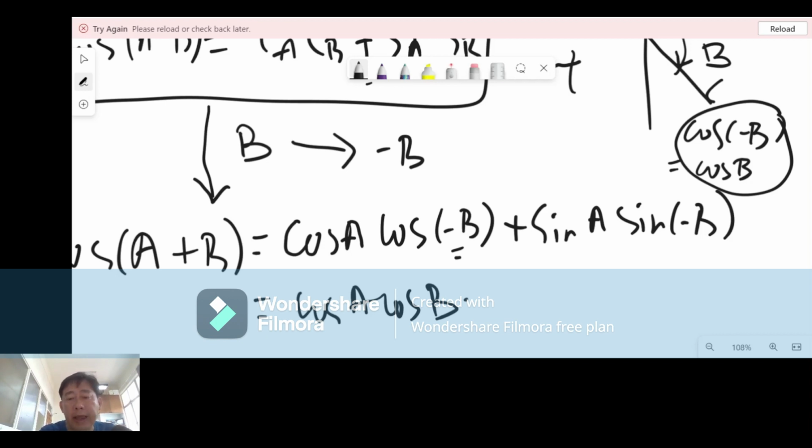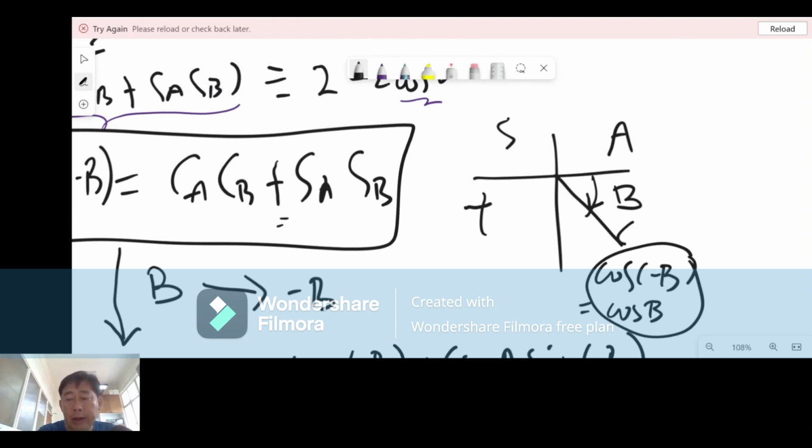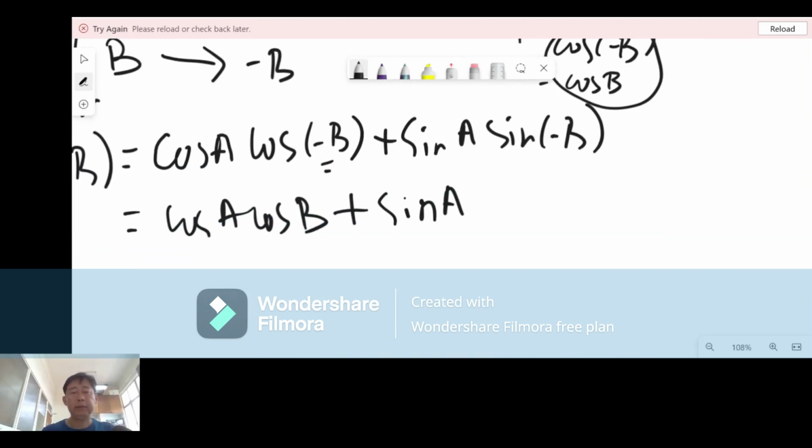Okay, then I have sine a multiplied with sine of minus b. So according to the mnemonic, sine of minus b, that is the angle b lying in the fourth quadrant, is negative. Okay, so that is understood from the CAST mnemonic.